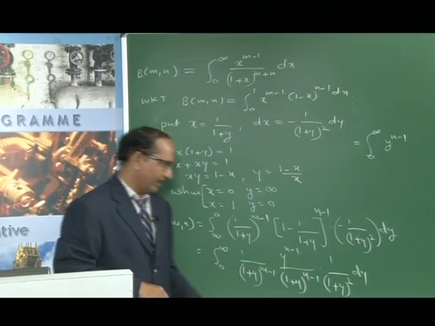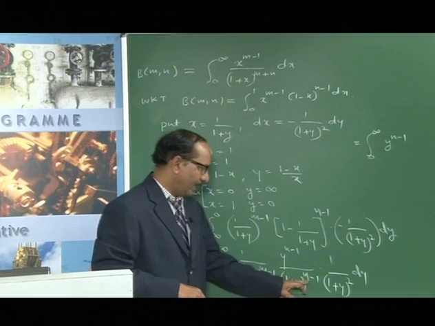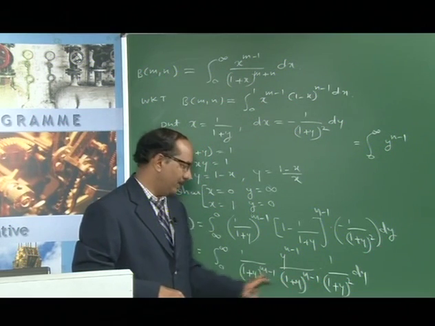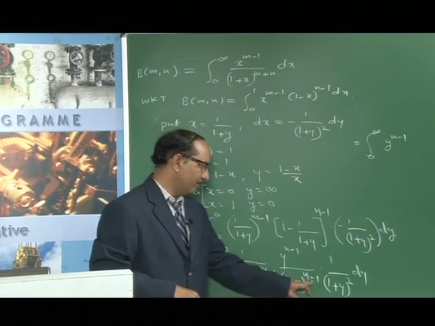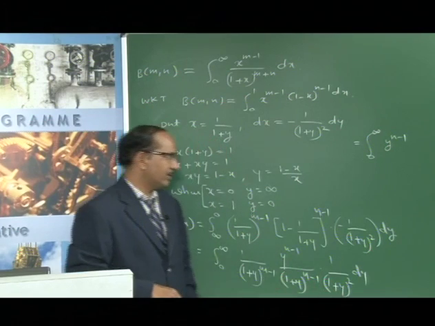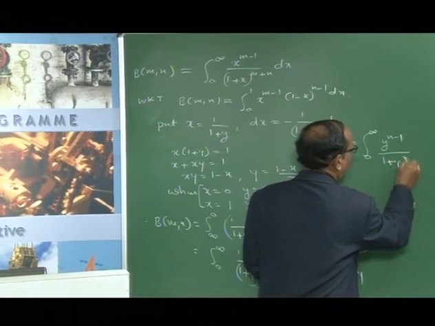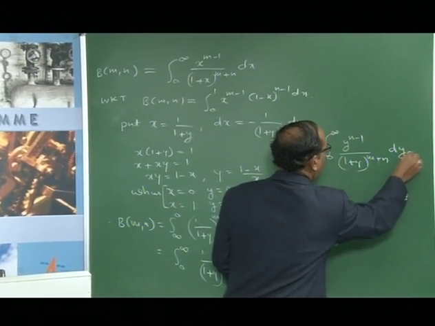There are 3 terms here, adding the powers of them: m minus 1 and n minus 1 give m plus n minus 2, since the base is the same, 1 plus y, then plus 2, that becomes m plus n. So it is (1 plus y) raised to m plus n dy.